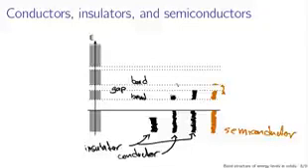So if I increase the temperature of an insulator, I make it more conducting. If I increase the temperature of a conductor, I make it less conducting. If I increase the temperature of semiconductors, you can actually do some math to figure out what's going on. I'm not going to ask you to do that, but if you increase the temperature of a semiconductor, typically you increase the conductivity.